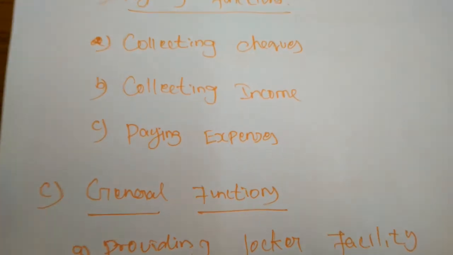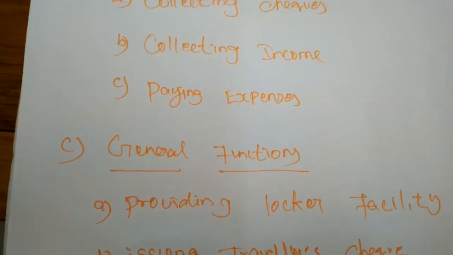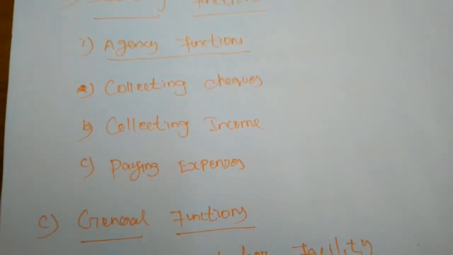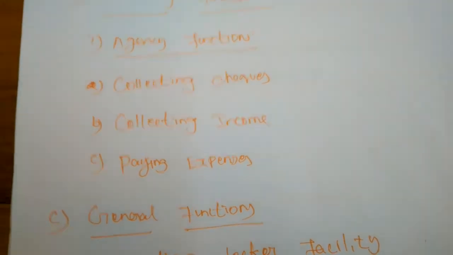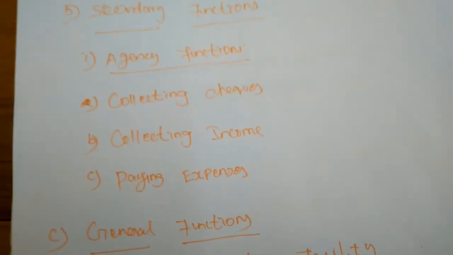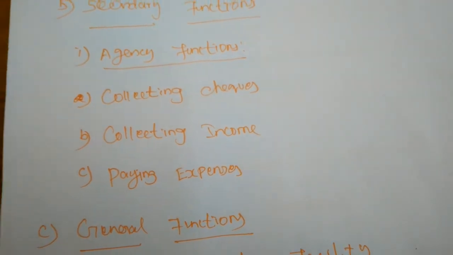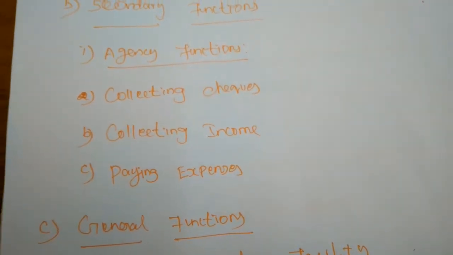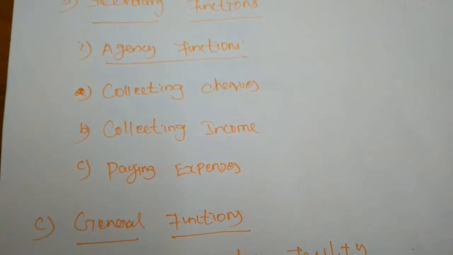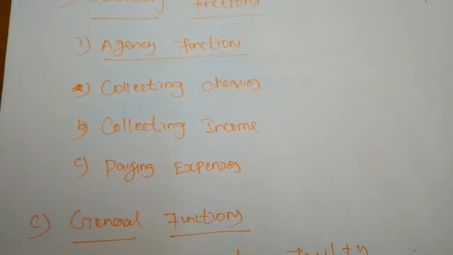Next, paying expenses. Now if you want to purchase any commodities, you have to pay some amount of money for that. Because of that, all persons must have some amount of money in cash in their pocket.